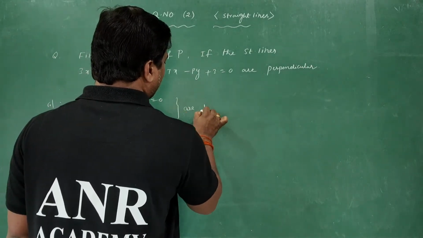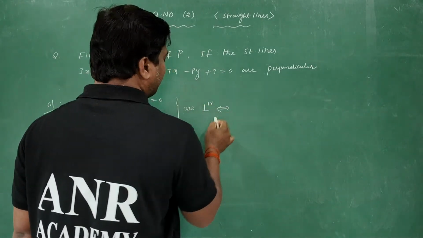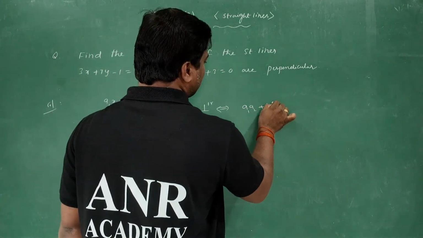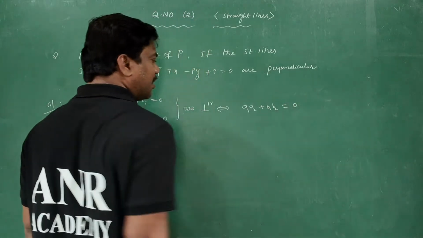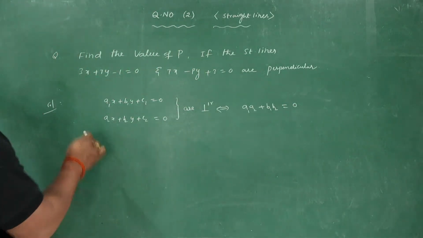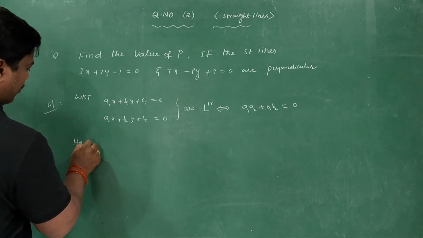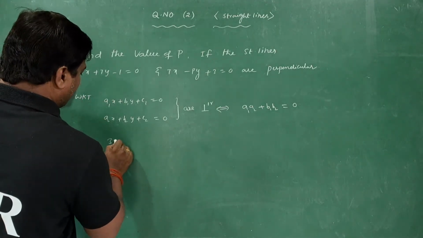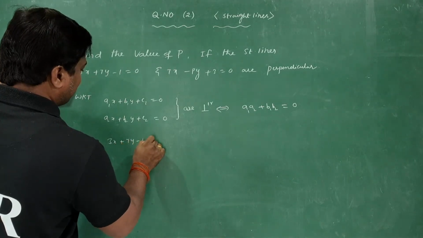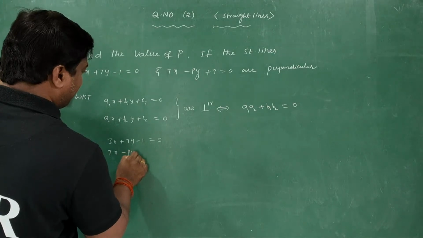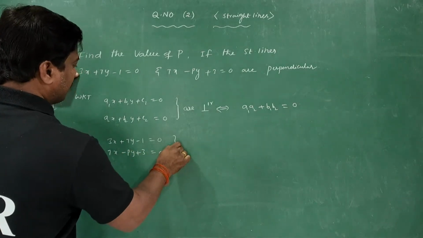These two are perpendicular if and only if a1 a2 plus b1 b2 is equal to 0. And here you have 3x plus 7y minus 1 equal to 0. Next 7x minus py plus 3 equal to 0.